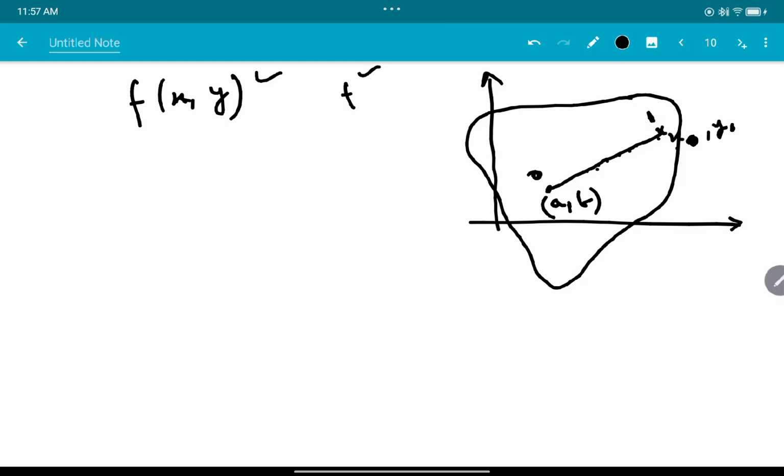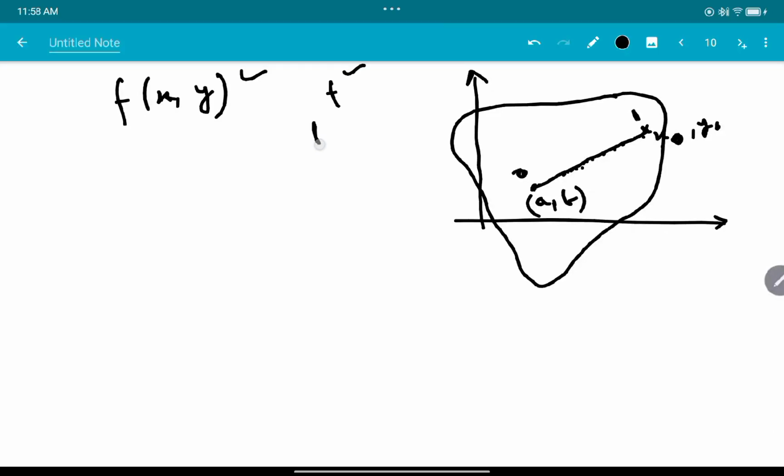Other points on this segment will have a value of t that will be a fraction. So I am defining t, a variable, in such a way that it is greater than or equal to 0 and less than or equal to 1. In fact, this variable is called a parameter.